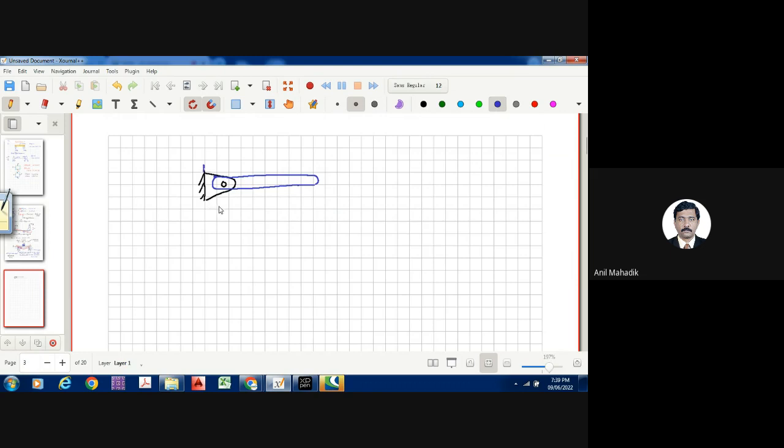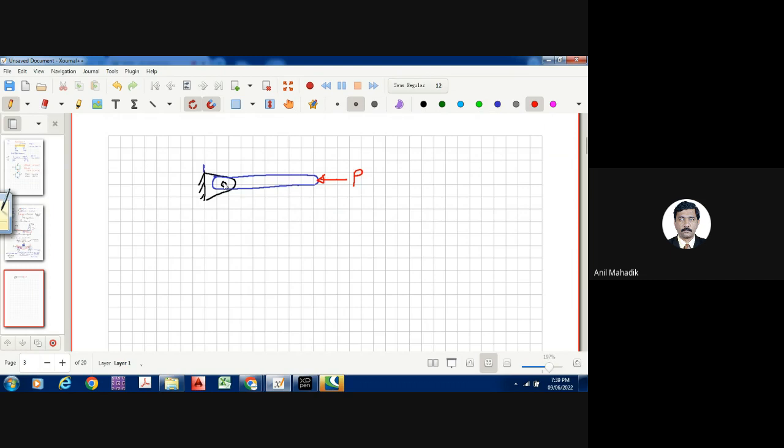What do I understand? Hinge support. Okay. So how do you say that it is hinge support? Let's say you are giving a load here. Let's say I'm putting a load like this, P. Will there be any reaction in the horizontal direction?